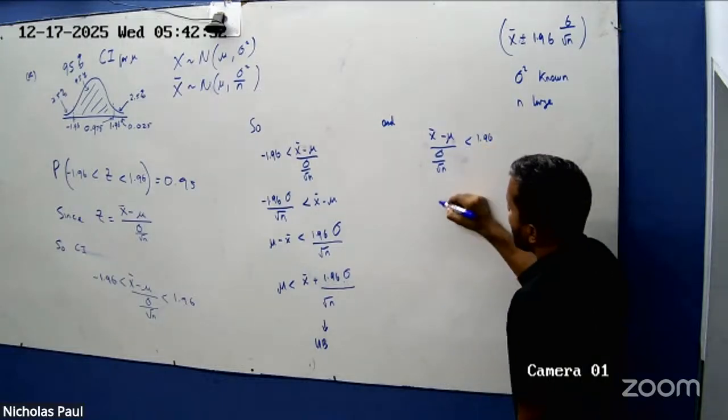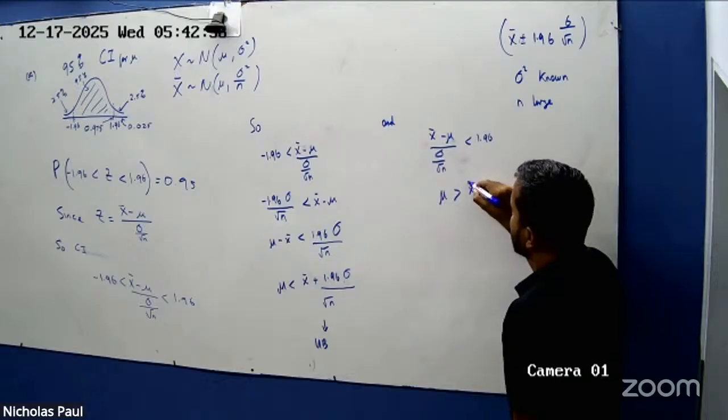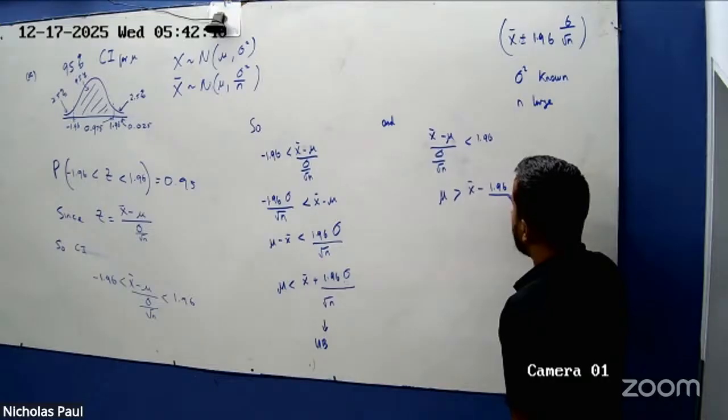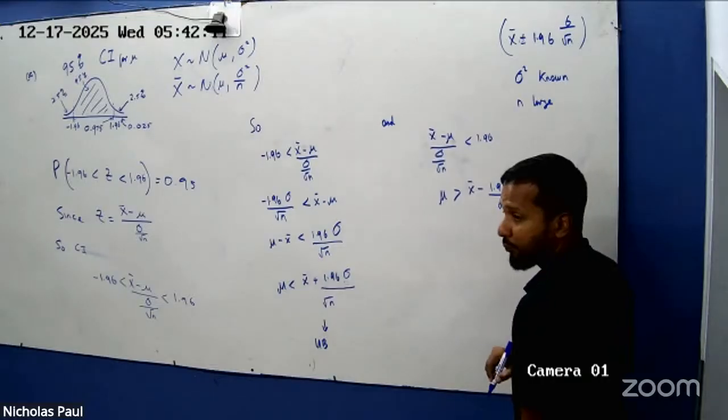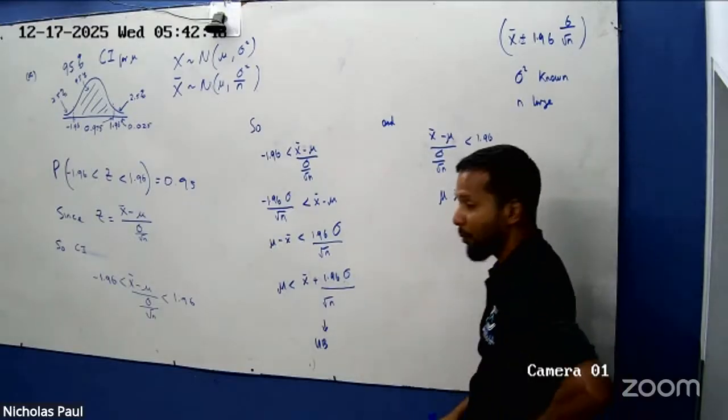If I rearrange this, I'll get mu is greater than X bar minus 1.96 sigma on root 10. So I have my lower boundary and my upper boundary.